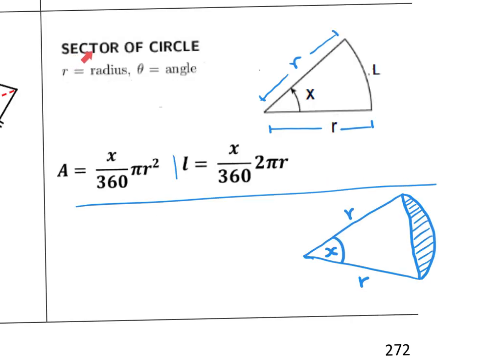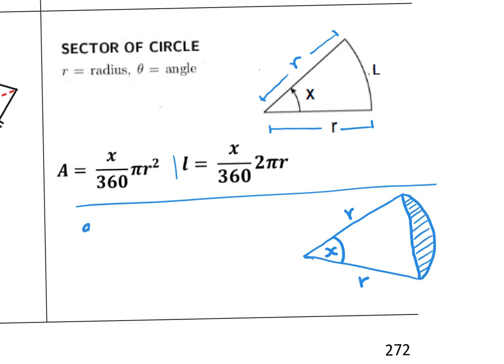Related to the sector, if we have a sector and we join this chord, the shaded region is called a segment. How to find the area for this segment? You can find the area of the segment by subtracting the area of the triangle from the area of the sector.